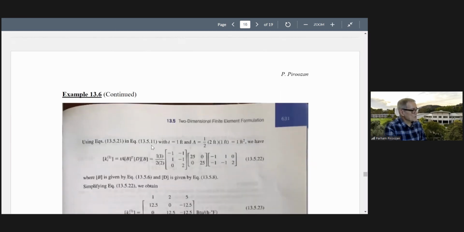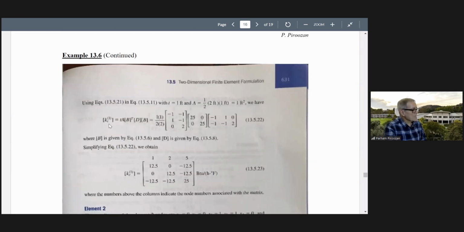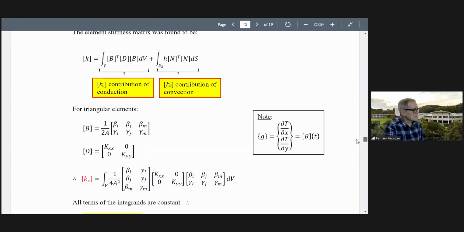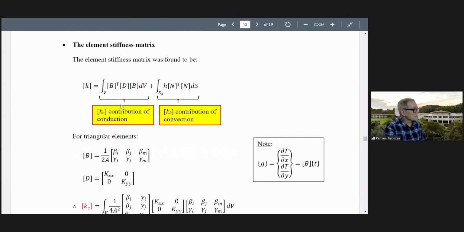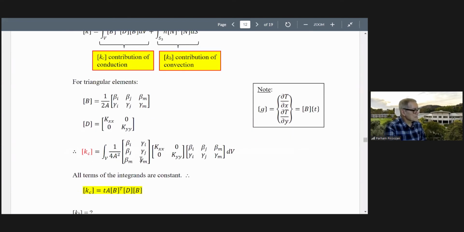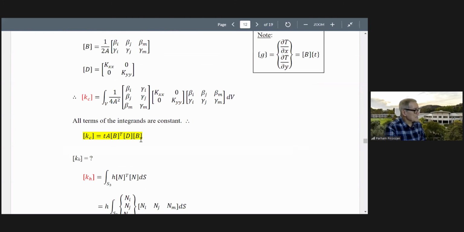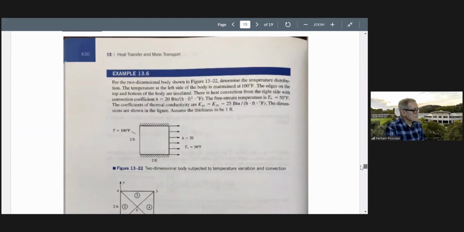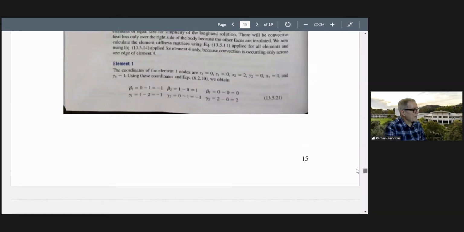We did it before. That gives k1 is t A B transpose D B. This is this one, k sub c. We did it here, k sub c. Remember, k consists of 2 pieces, k sub c. It is this one, t A B transpose D B. Apply it to element 1.